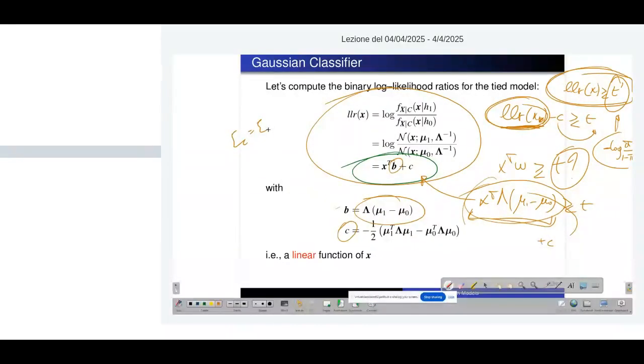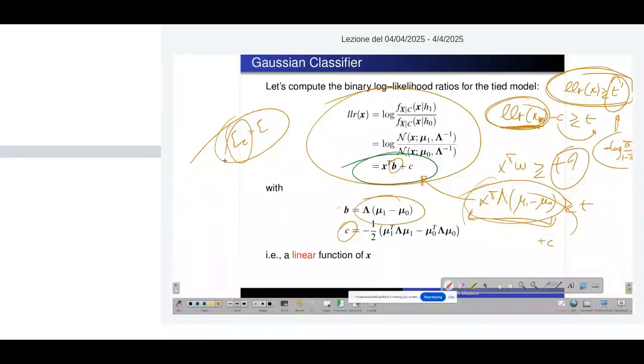LDA, to give you an optimal projection direction, requires that the within class covariance of the classes is the same. So LDA is useful as a classifier, and in general also as a dimensionality reduction approach, when the covariance matrix of the different classes is the same.